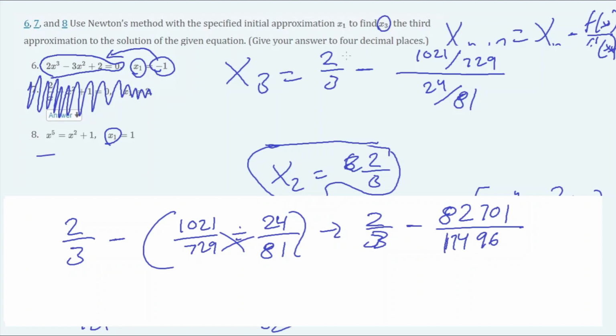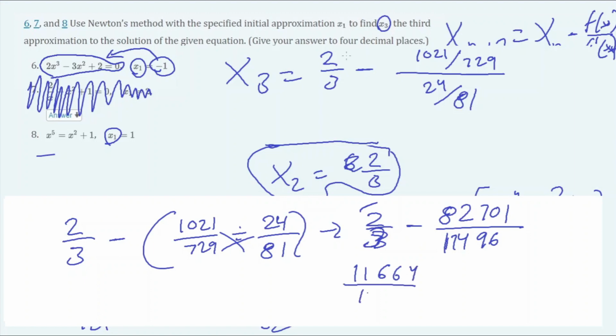Yeah. And this is an equation you could simplify out, which I don't recommend doing by hand. But we're going to multiply this 2 over 3 by 5,832 so that we can get a common denominator.